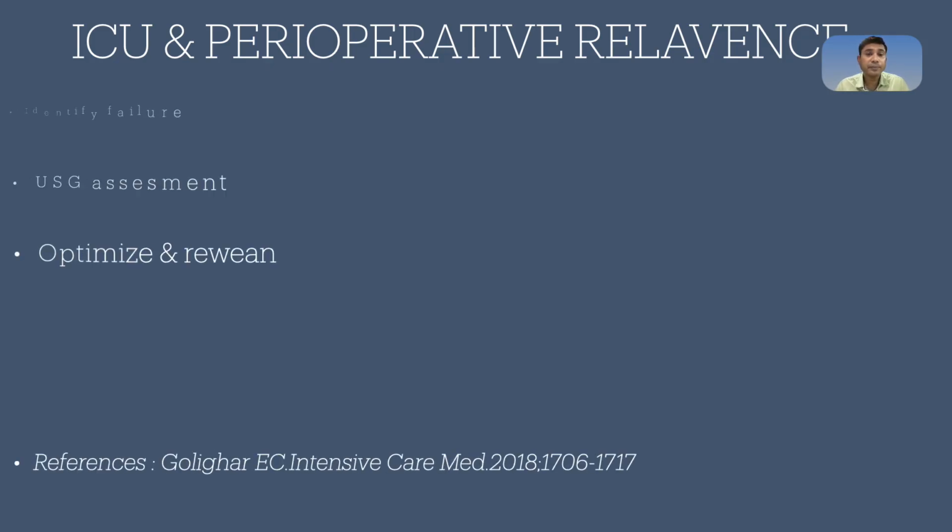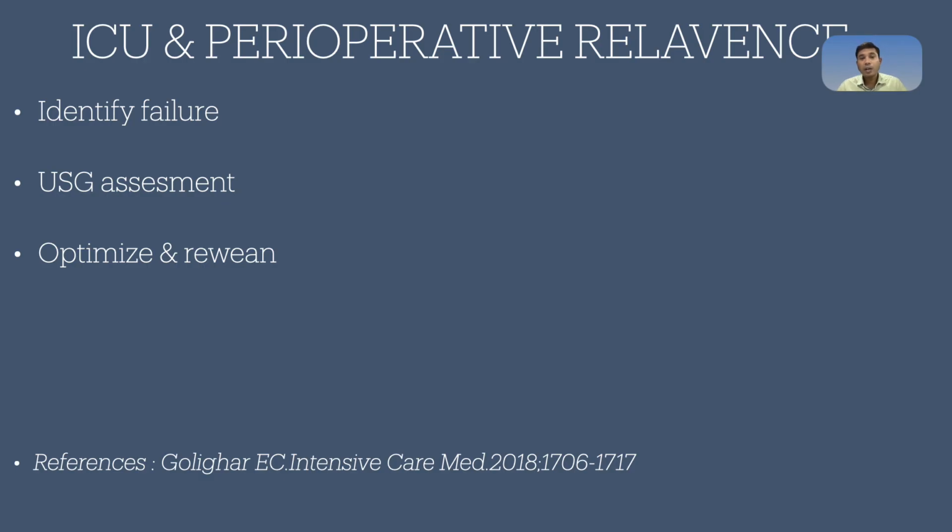Okay, so you have seen the video of the measurement of thickening fraction of the diaphragm. Now what is its importance in ICU and perioperative care? It helps identify failure of the extubation process, weaning failure, or spontaneous breathing trial failure in a long-term ventilated patient through ET tube in ICU.